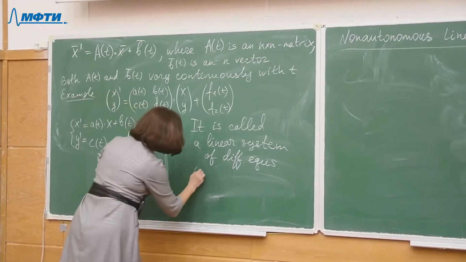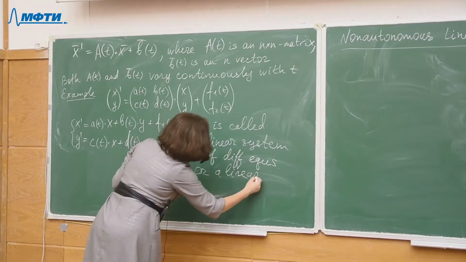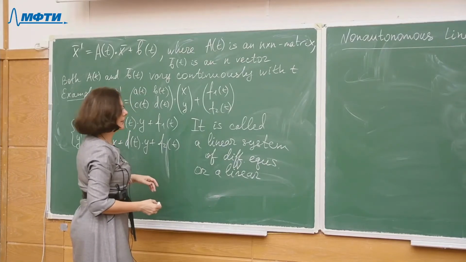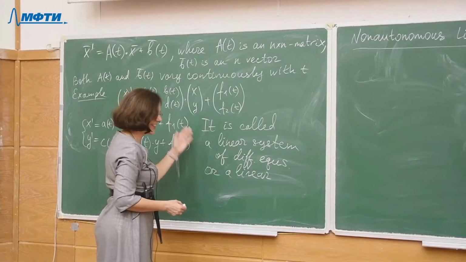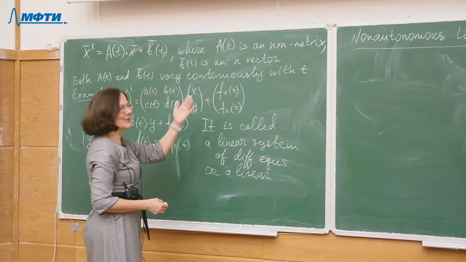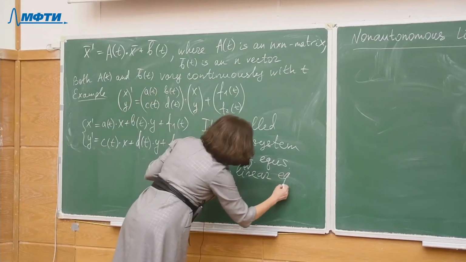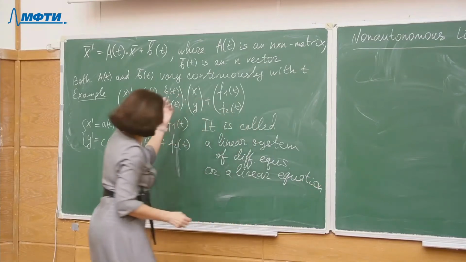So this is just the introduction of some terminology, and we will not use this. We will use theorems, of course, not definitions. I will call this a linear equation, right?